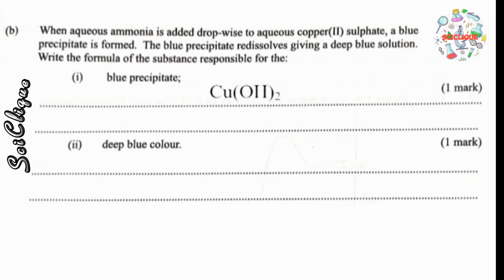Now, on addition of excess aqueous ammonia, a complex salt is formed. This complex salt is soluble, and that is the reason it dissolves, forming a deep blue solution. Whenever you hear the term solution, it means a soluble salt has been formed. The complex salt that was formed is known as the tetraammine copper 2 ion, and it's deep blue in color.